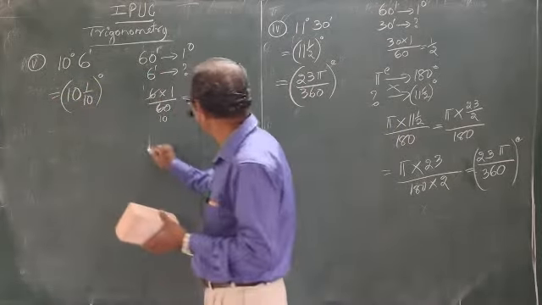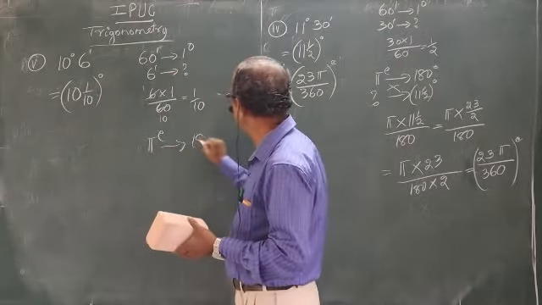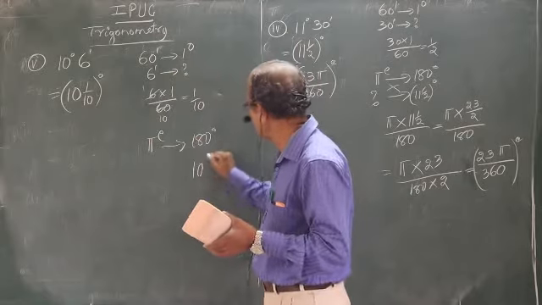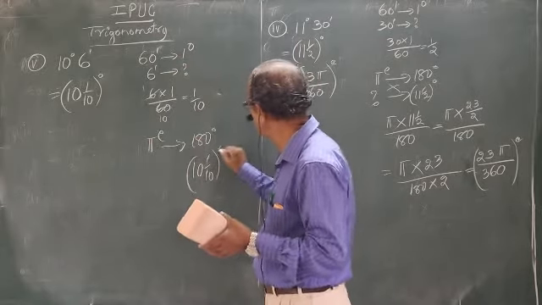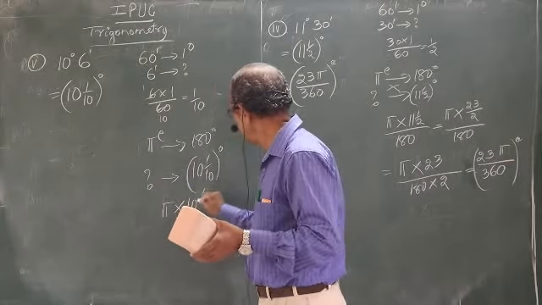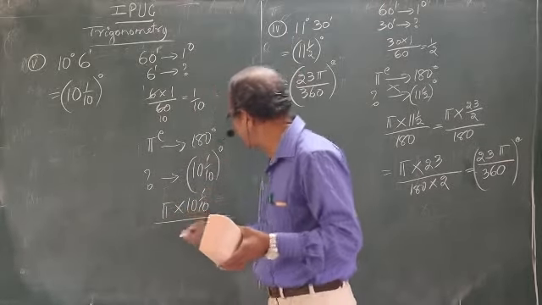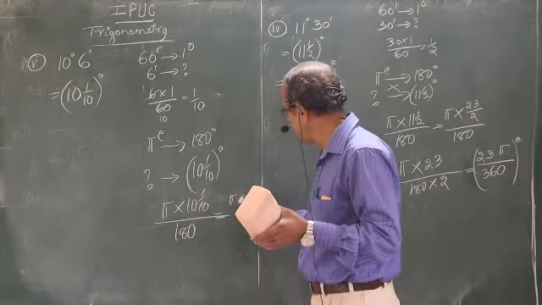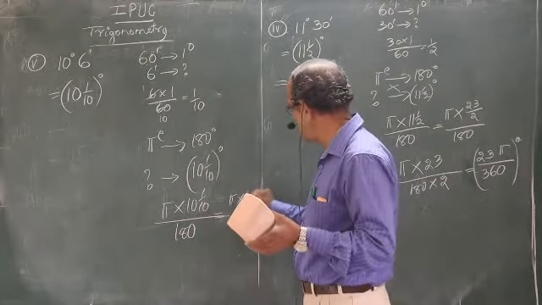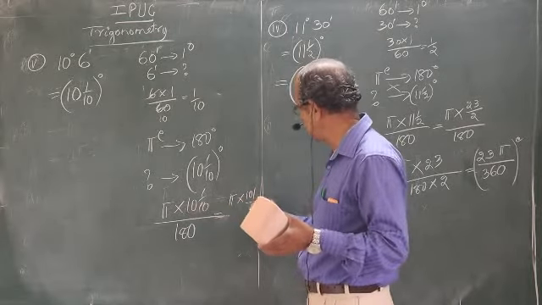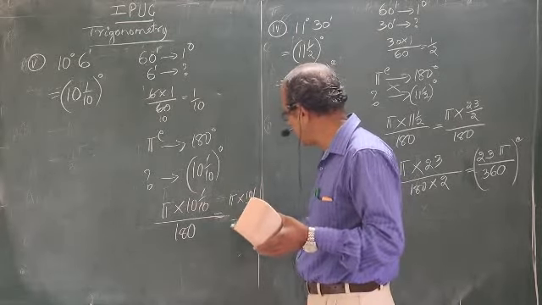Now convert this one, pi radian equal to 180 degree. What about 10 1 by 10 degree equal to? Pi into 10 1 by 10 divided by 180. Or it is pi into 101, see, 10 into 10, 100 plus 1, 101 by 10 divided by 180.